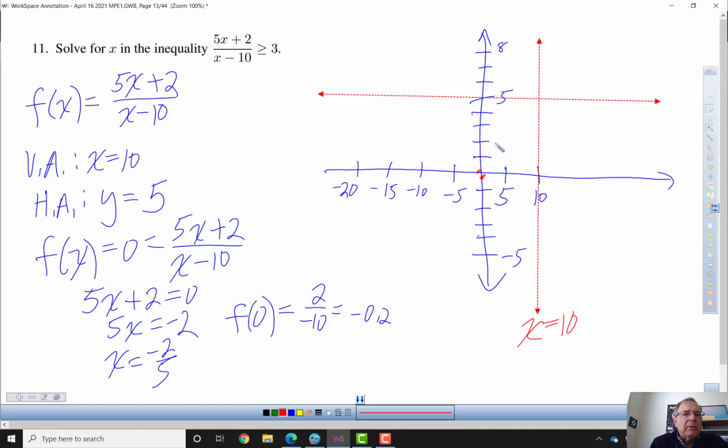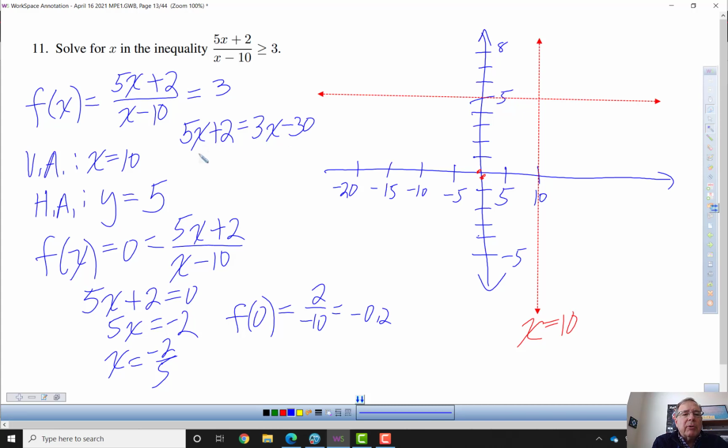And then I need to find one more point that's relevant to this problem, and that's when does this equal 3? So I'm going to multiply both sides by x minus 10, so that's going to give me 5x plus 2 equals 3x minus 30.